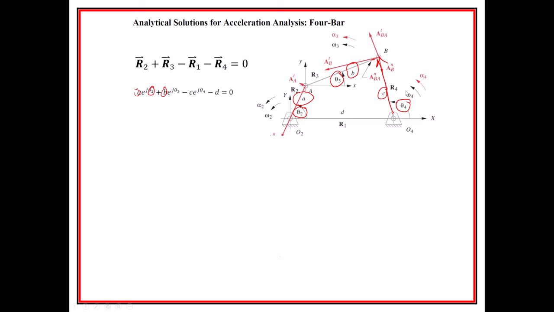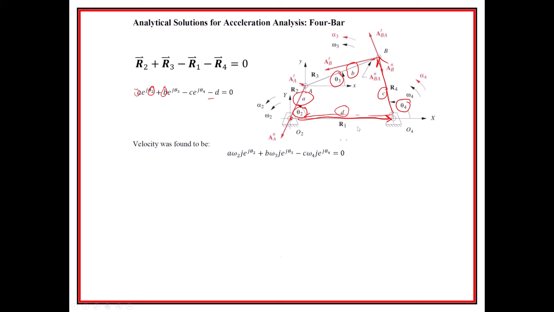And then lastly, we go back, and this vector is also pointing from O2 to O4. So we're going backwards through the vector, therefore it is a negative sign, has a magnitude of D, and it's aligned with horizontal, so there's no E. So its angle is theta 1 and is equal to 0.